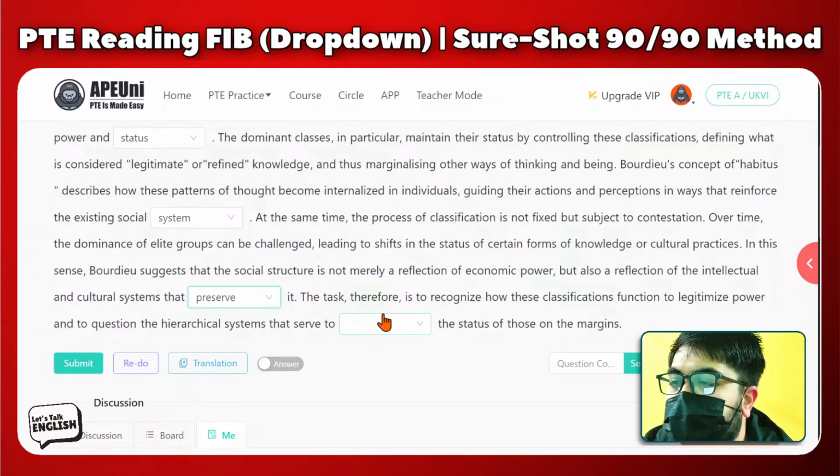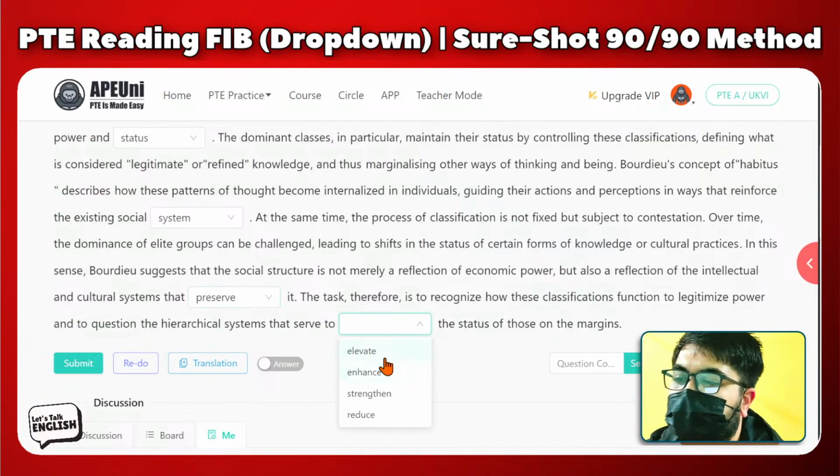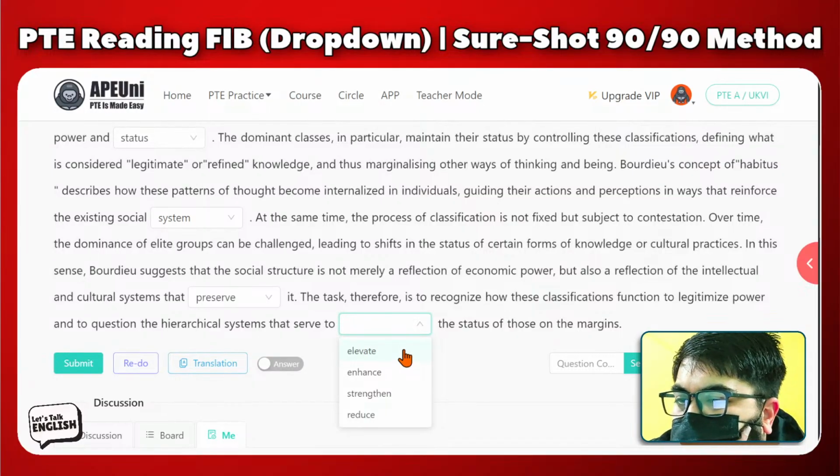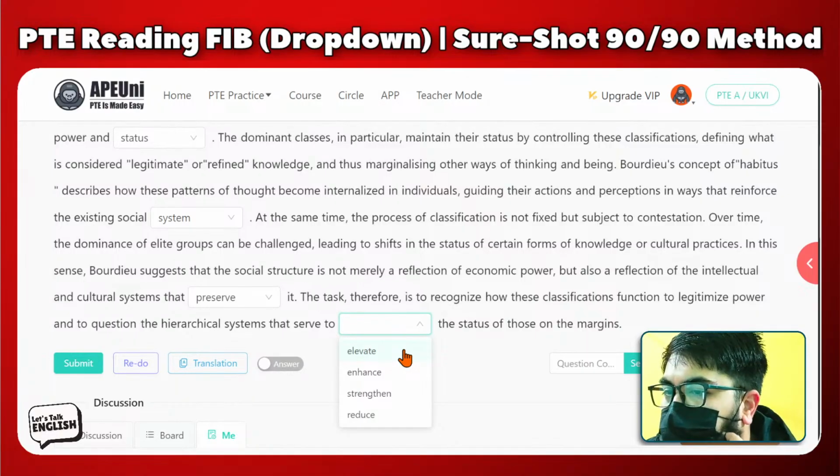Okay. The task, therefore, is to recognize how these classifications function to legitimize power and to question the hierarchical system that serves to the status of those on the margins. Legitimize power means to do something right with the power, so it cannot be elevate.